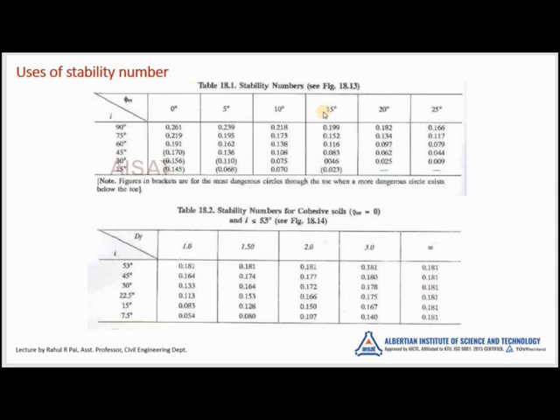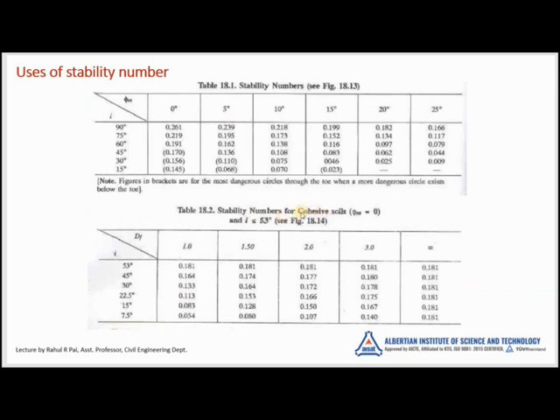Here you can see the charts. In the stability charts, there are various phi m values given from 0 to 25 degree, and for a given slope angle, which is increasing even up to 90 degree, that means almost vertical, what is the stability number? You can directly find this from this chart. This is one chart.